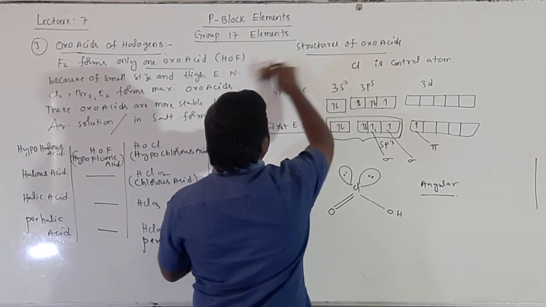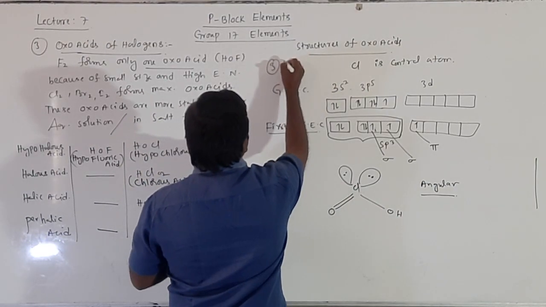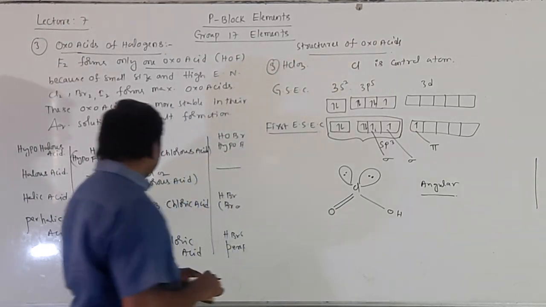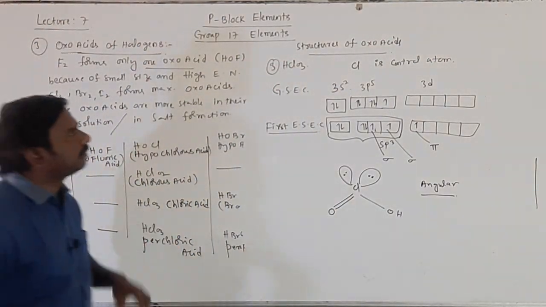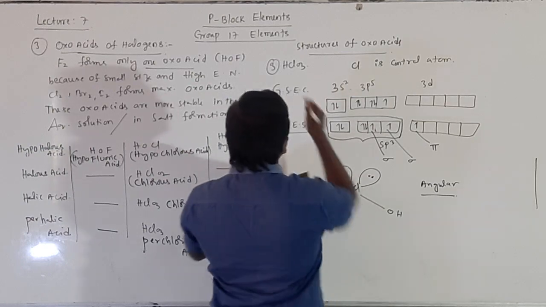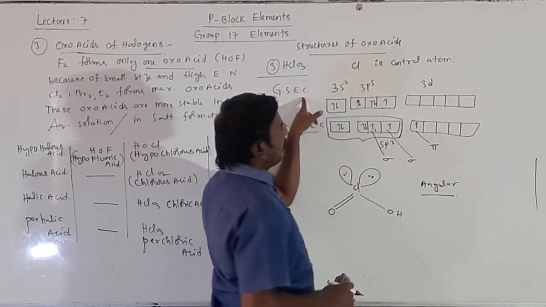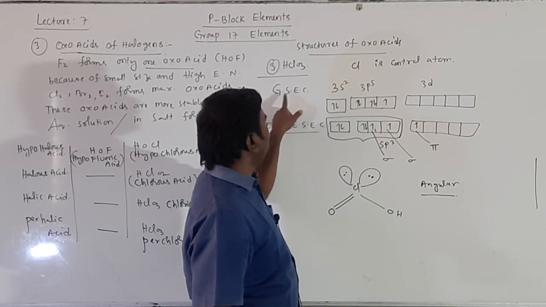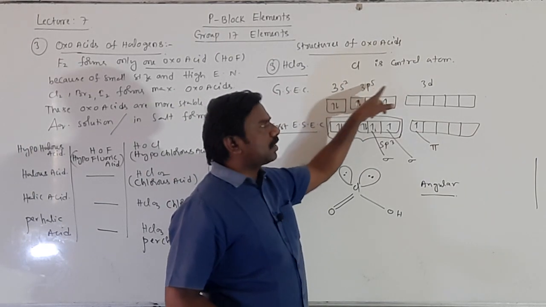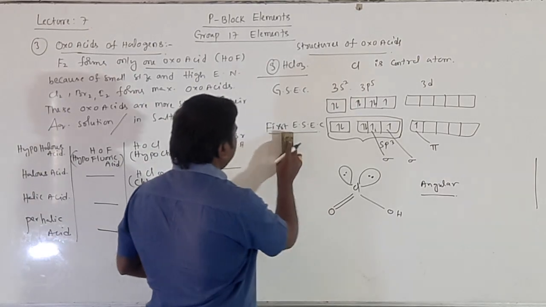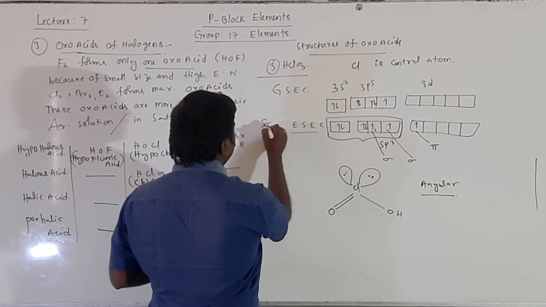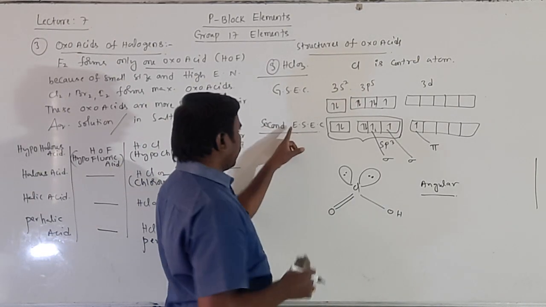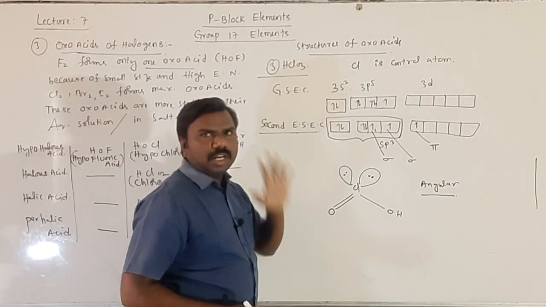Next, third one is HClO3. The name is chloric acid. Chlorine is the central atom. Ground state electronic configuration 3s2 3p5. Now I am taking second excited state electronic configuration.